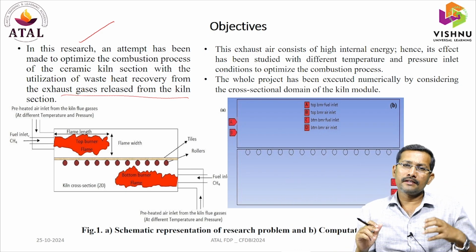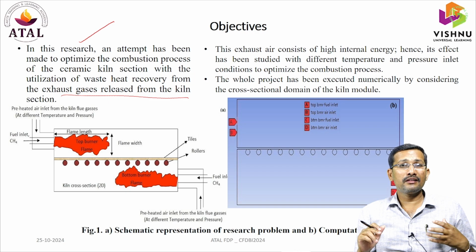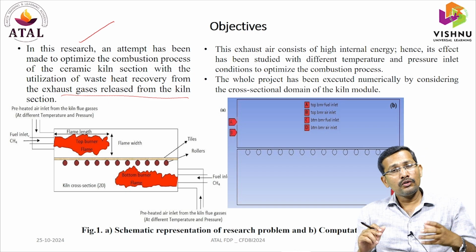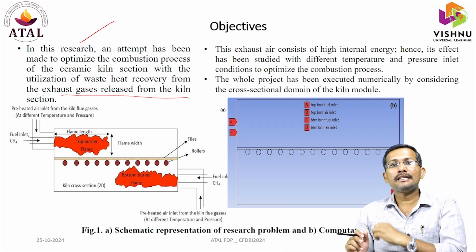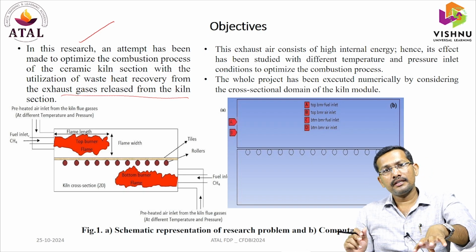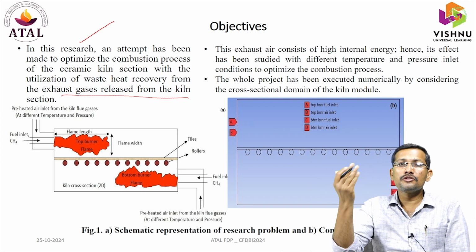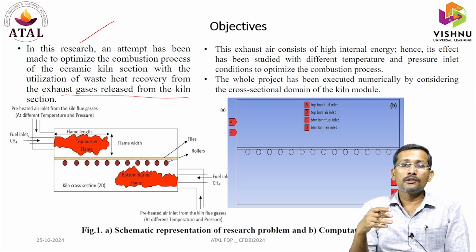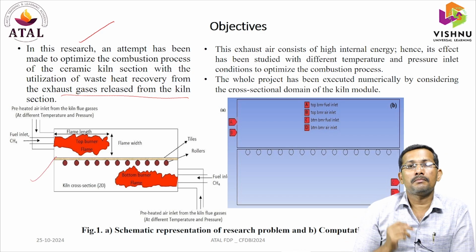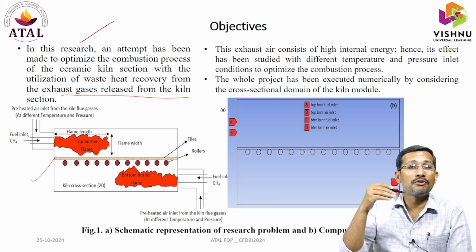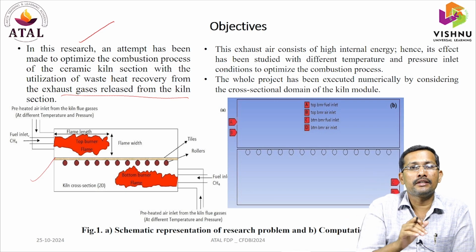Combustion takes place inside, and after combustion the flue gases are released via the chimney to the atmosphere. That is the waste heat. What I am doing here is using that heat to heat the air entering the combustion chamber, so that the combustion efficiency will be improved.